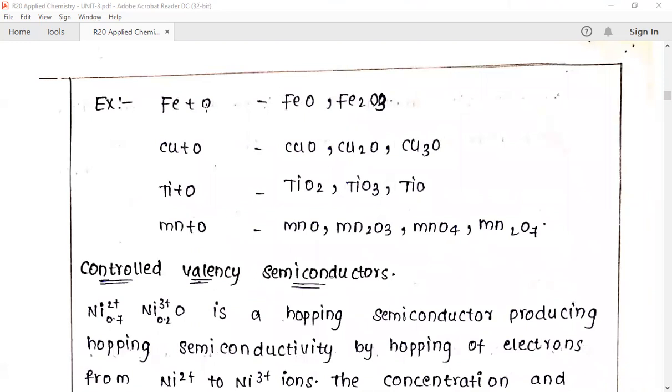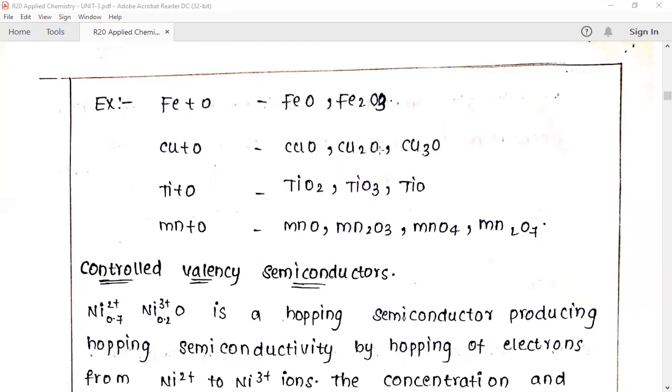Example: Fe plus O, that is FeO, Fe2O3. And for example, if you take zinc oxide, it is formed by exposing zinc oxide to a reducing atmosphere where some Zn plus 2 ions are reduced to Zn plus ions, which are richer by one electron and can donate an electron to the conduction band.